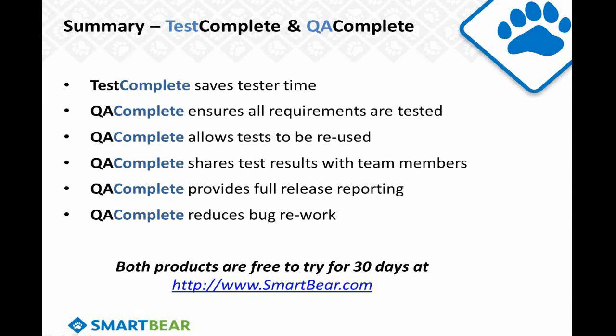QAComplete is more targeted to the testing team, while ALM Complete services the testing team but also the bigger project management team. So it allows you to create project plans, decompose your project plans down into tasks, and do agile burn downs, velocity, things of that nature. So good question there.